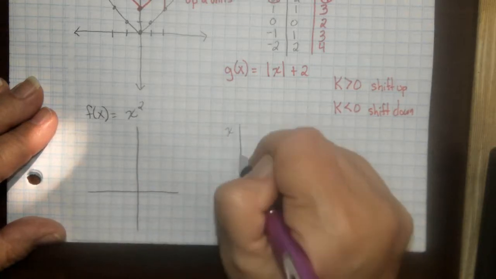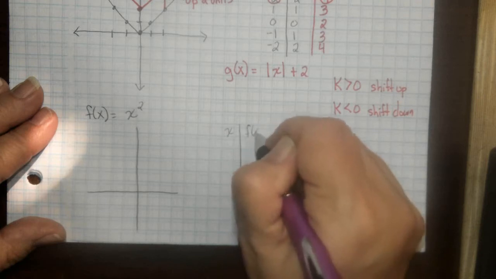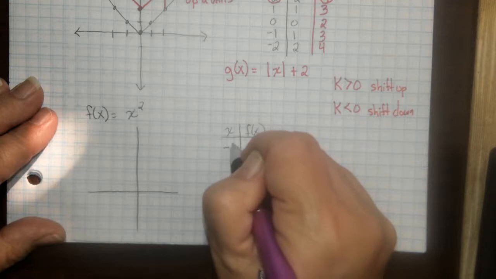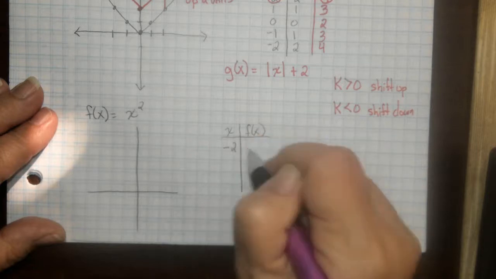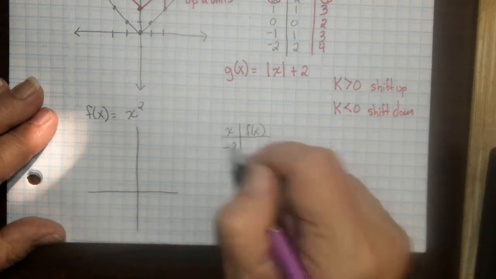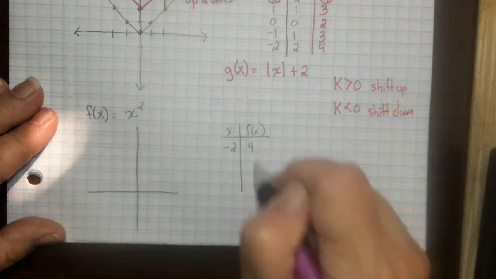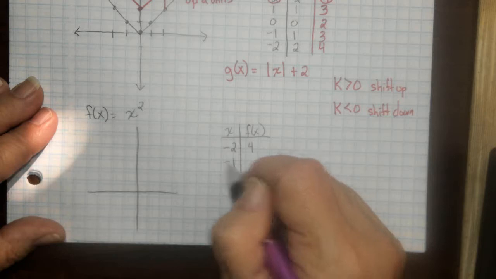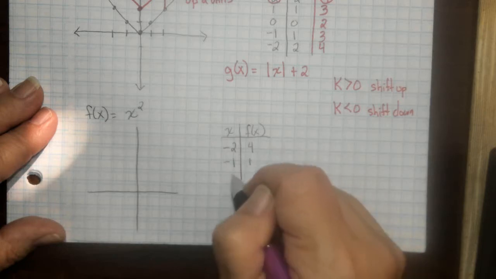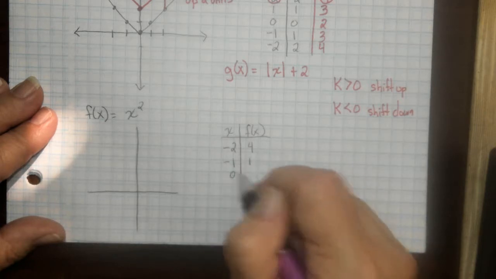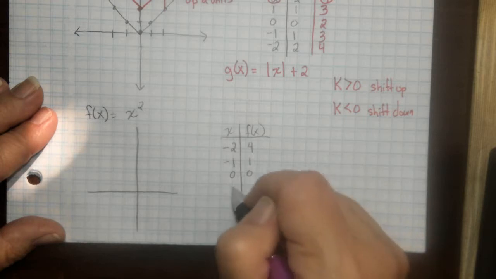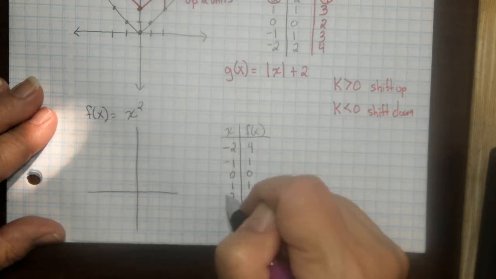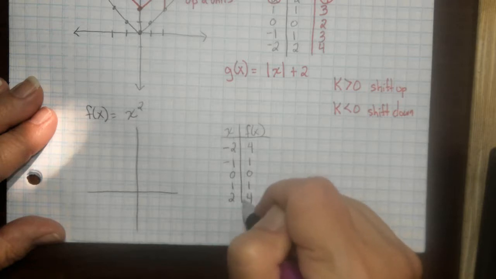Again, if I make a table of x and f of x values, when x is negative 2, negative 2 squared is positive 4. When x is negative 1, negative 1 squared is 1. When x is 0, 0 squared is 0. When x is 1, 1 squared is 1. When x is 2, 2 squared is 4.